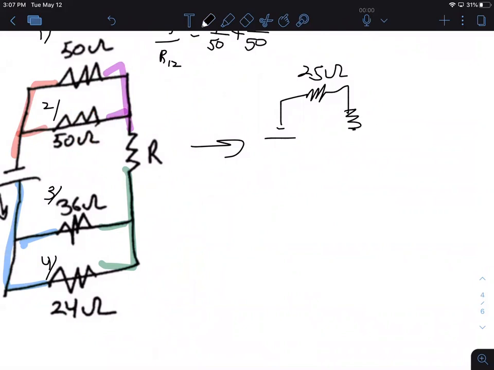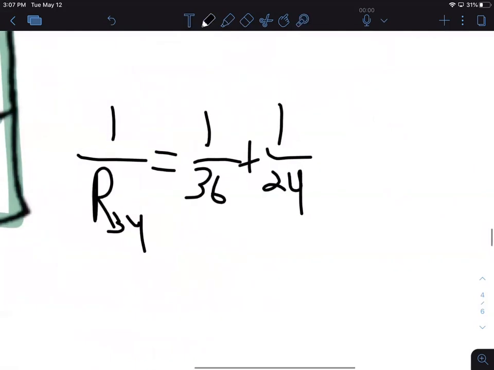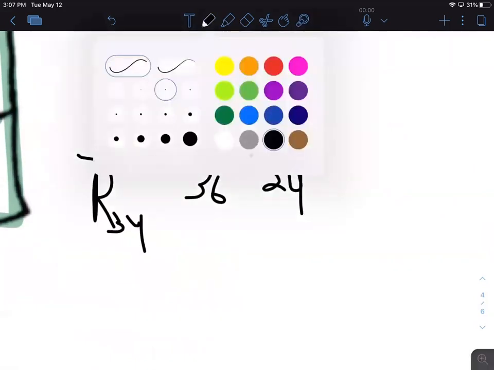We still have our unknown dude, R, and then 1 over the combination of 3 and 4 is 1 over 36 plus 1 over 24. Let's see, common denominator here.